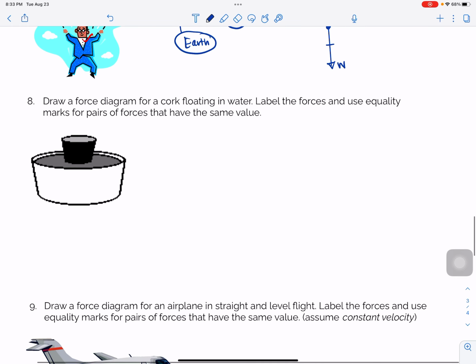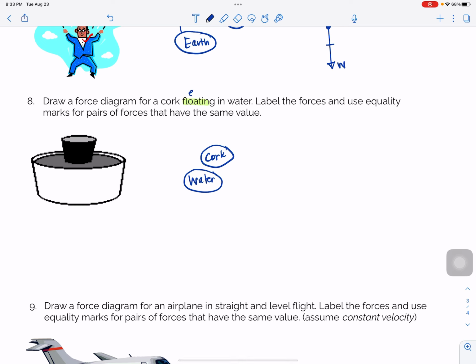Okay, draw a force diagram for cork floating in water. Label the forces and use equality marks for pairs of forces that have the same value. So I've got a cork, and the cork is touching the water. Because it's floating, we're going to assume the vertical velocity is 0.